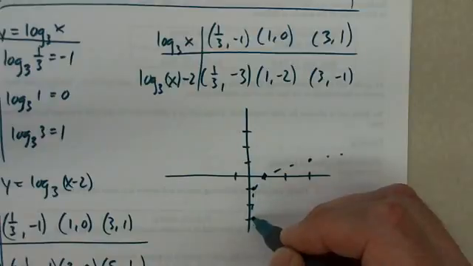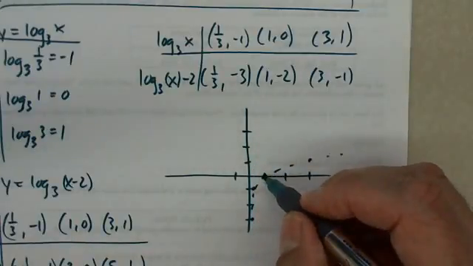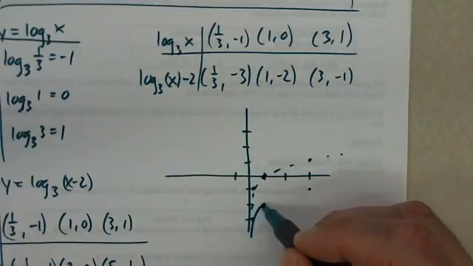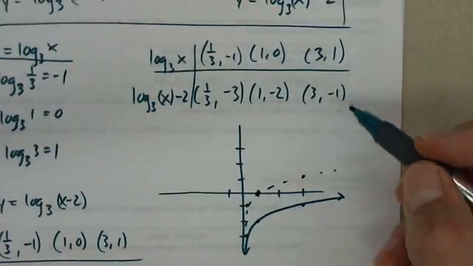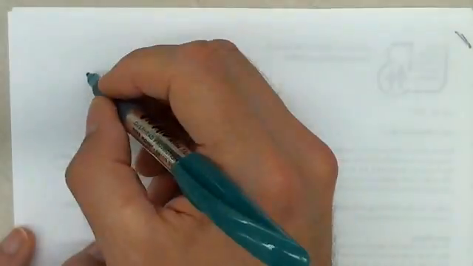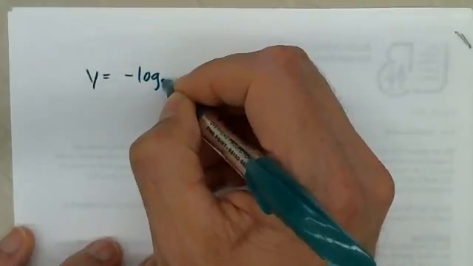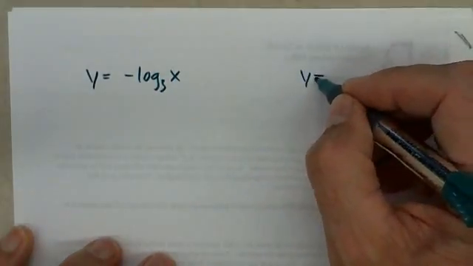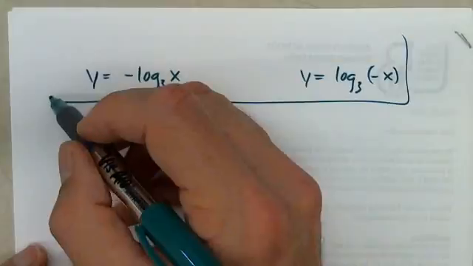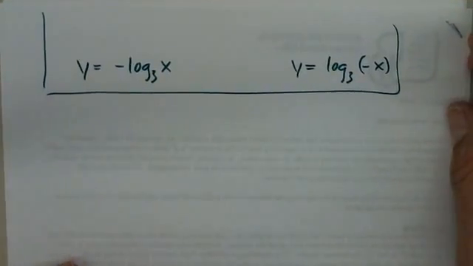At 1/3 we're going to go down to -3. And then at 1, go to -2. At 3 we go to -1. With a vertical shift, vertical translation, we don't have to change the asymptote. All right, pause and try those.